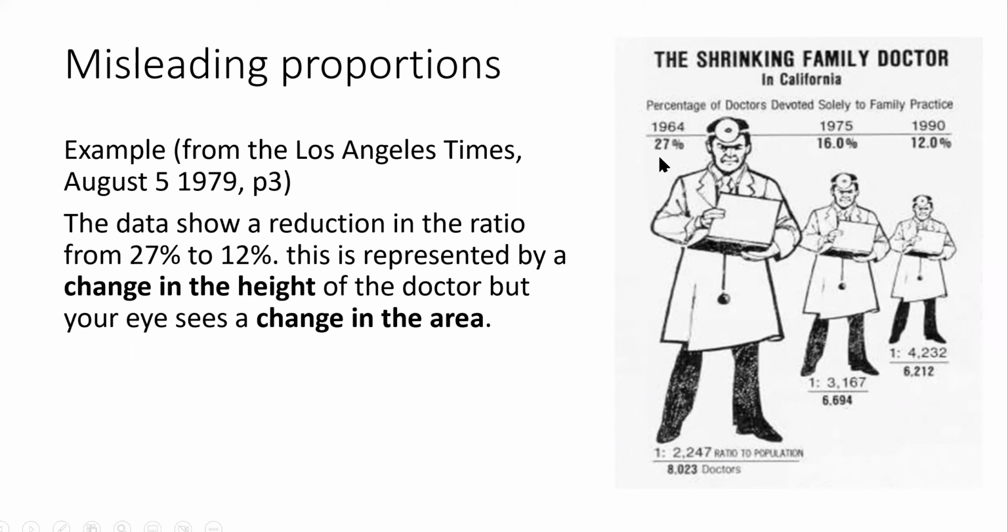So the reduction is only about 15%, so the second figure should be a little bit less than half of this big figure. But if you actually look at it, our perception tells us that this figure is more than twice as big as this one. And that is because we look at the area, not just at the height of the doctor, but also at the width. So we perceive area rather than just the heights.